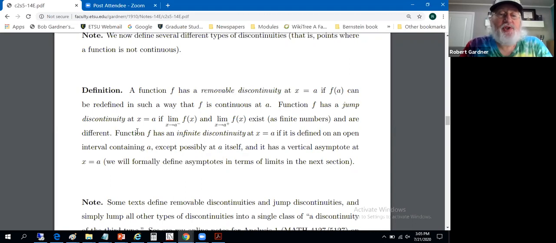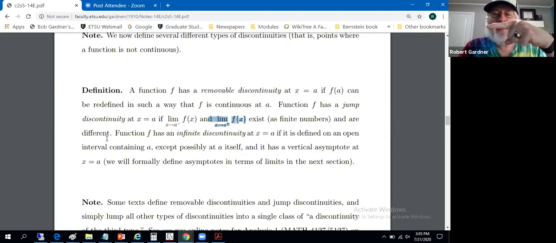Function f has a jump discontinuity at x equals a if the limit as x approaches a from the left and the limit as x approaches a from the right both exist as finite numbers. We'll talk about infinite limits here in the next section. Not that. The limits exist, but they're different.